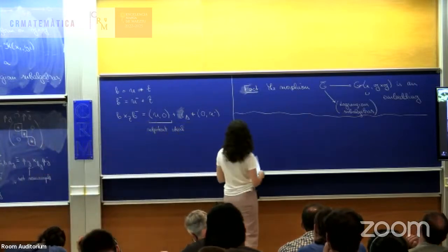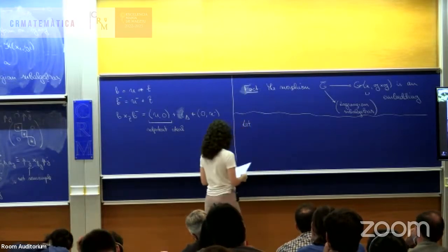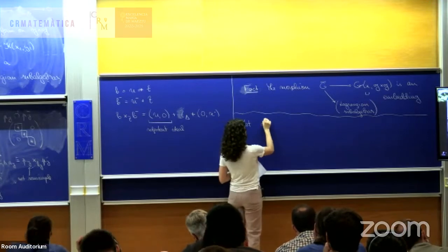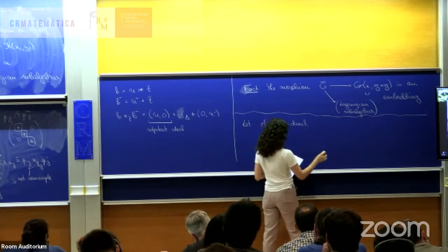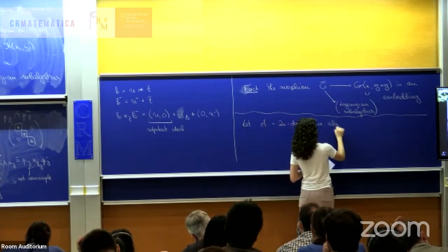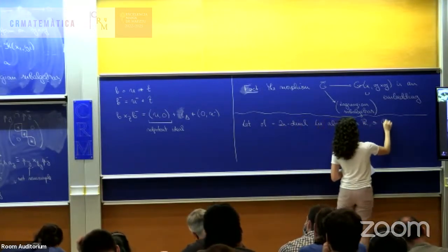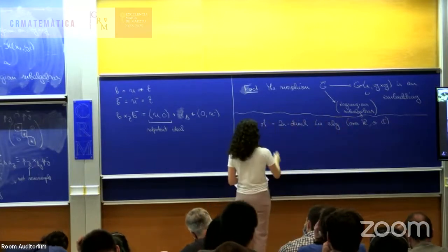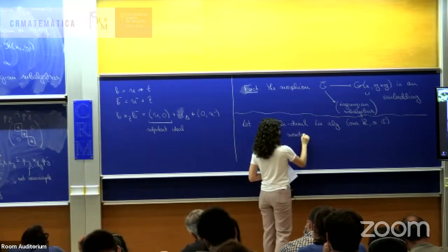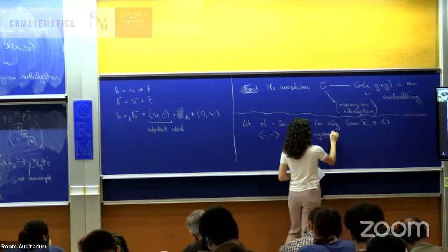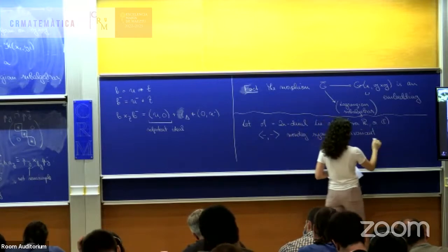Okay, so let's move away from the setting for a second into a more general setting. So let D be a 2n-dimensional Lie algebra. It could be over the real numbers or over the complex numbers. And I'll assume that it comes equipped with a non-degenerate, symmetric, and invariant bilinear form.